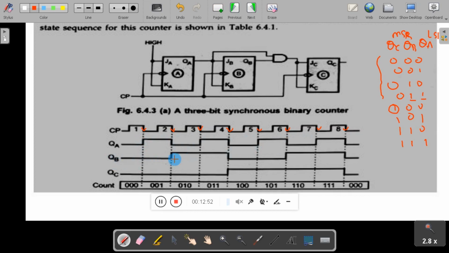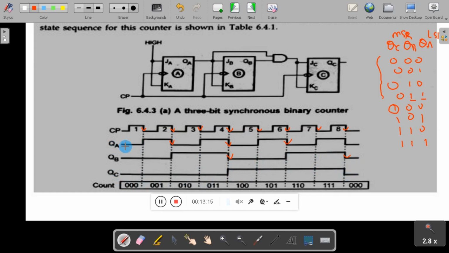So the output of the second will change during the negative edge of QA. Now the output of the third will change during the negative edge of QB, this negative edge here, and one more negative edge will come here.